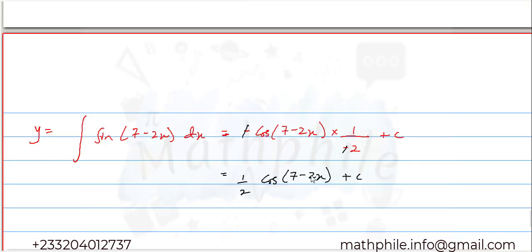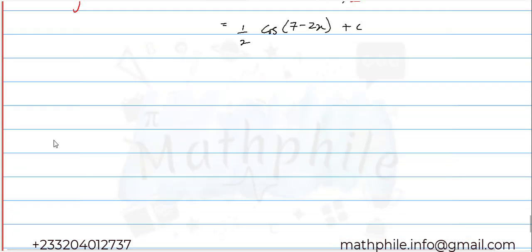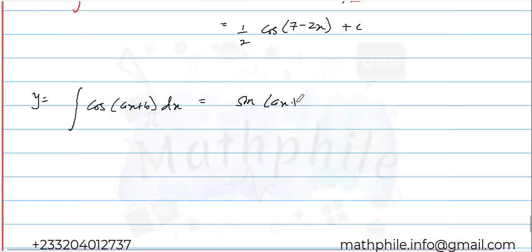So generally, we say that if you've got integration of the form y is equal to the integral of cos ax plus b dx, we say that the answer to the question is going to be, if you integrate cos, you get sine. So you've got sine ax plus b multiplied by 1 over the differential of what is inside, a, plus c. Or you can basically take off this one and just put the 1 over a over here.